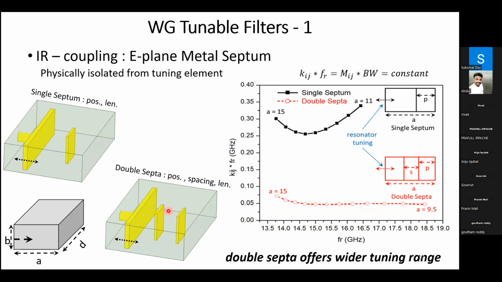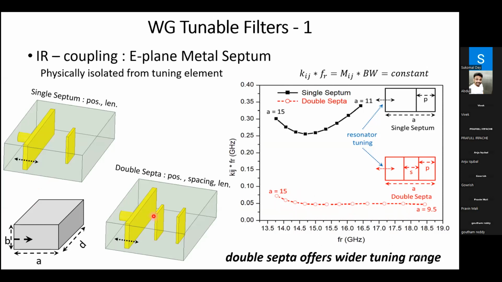So there are multiple degrees of freedom. And we found that the double septum inter-resonator coupling gives us the constant bandwidth criterion over a very wide tuning range, from 14 gigahertz to around 18.5 gigahertz.